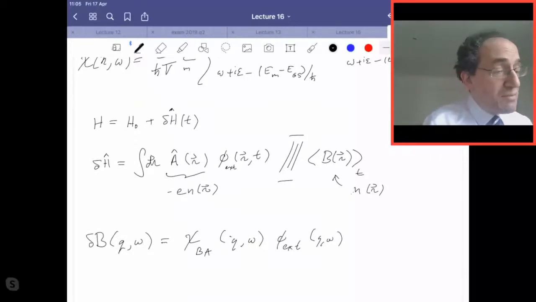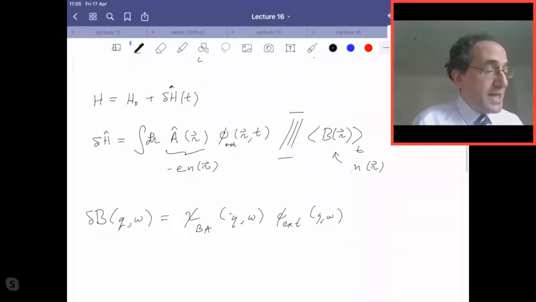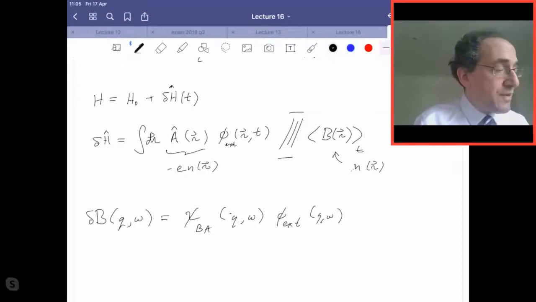In our case, we're interested in both B and A being the density, up to this factor of minus e.